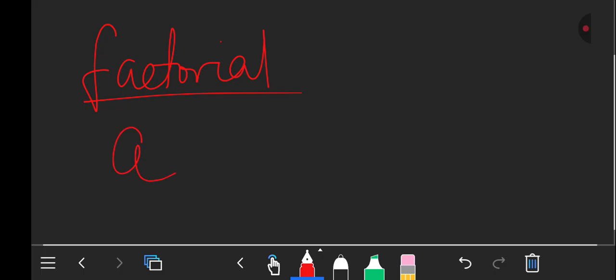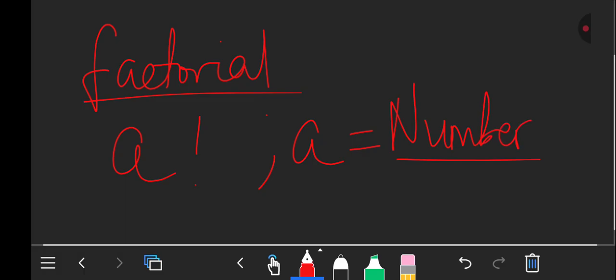Let's say you have a number, a factorial, where a is equal to any numerical value, where a is a number. So how can you evaluate a factorial?